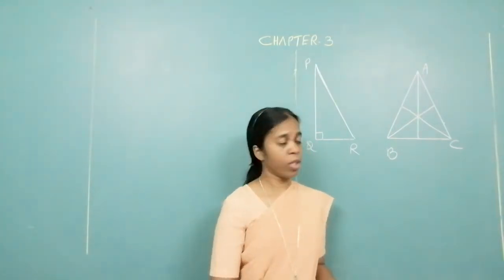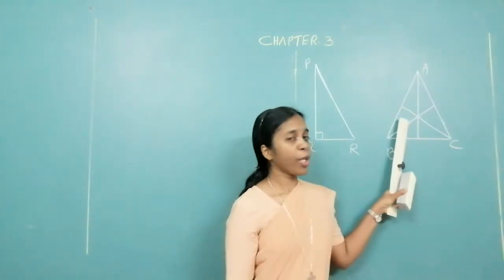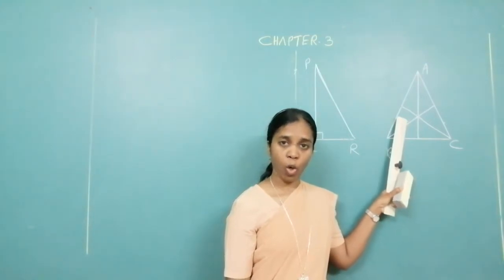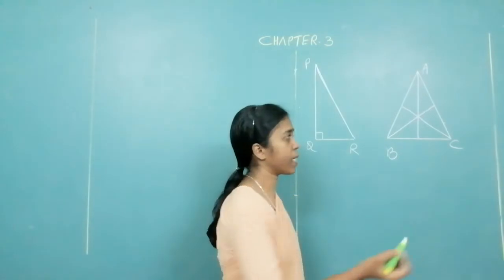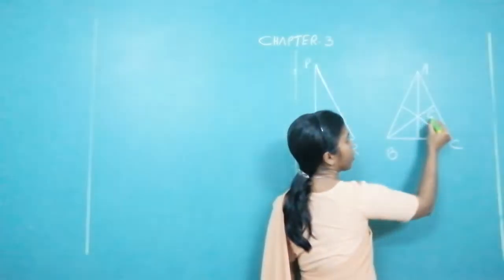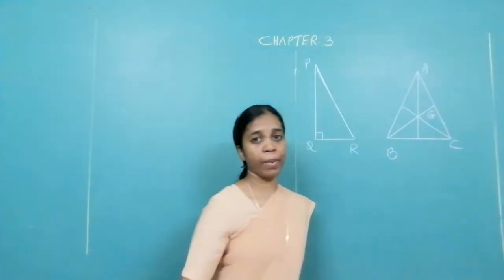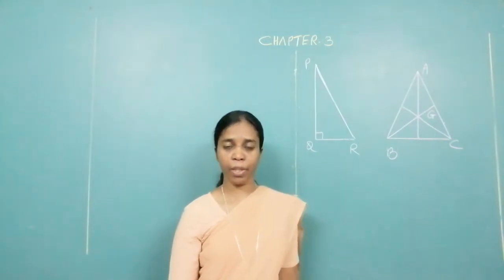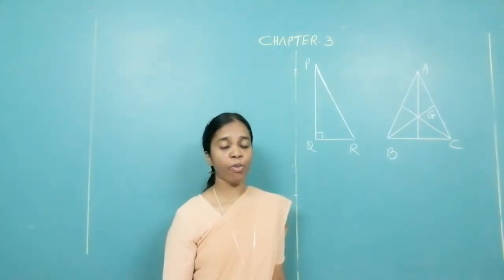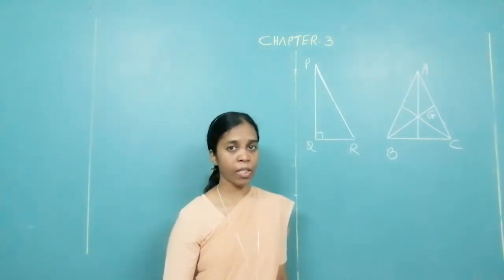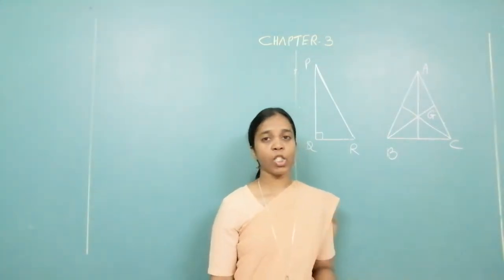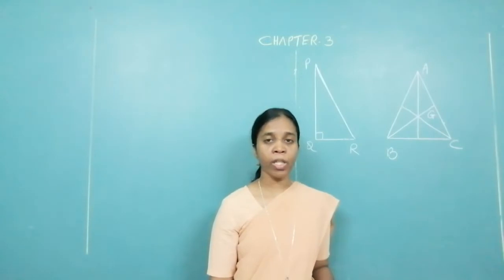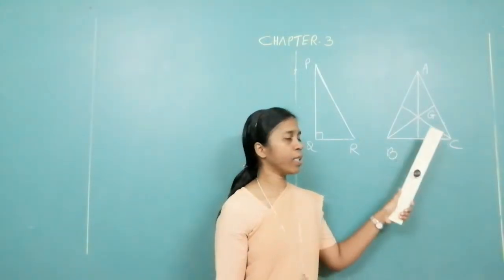Now, the point of concurrence of medians is known as the centroid and is denoted by the letter capital G. I repeat, the point of concurrence of medians of a triangle is called the centroid, denoted by the letter G.